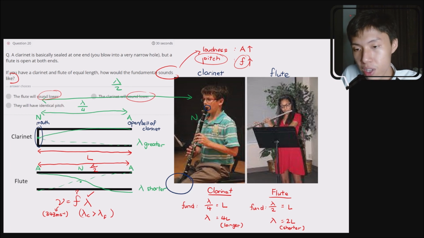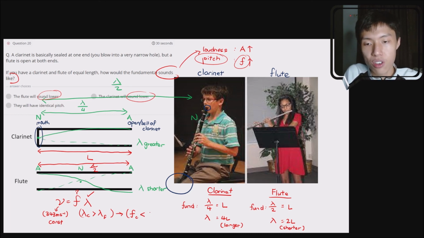So therefore you know that v is constant. So if you have a greater wavelength for clarinet, that means you have a lower frequency for your clarinet. So frequency for clarinet should be lower. Your frequency for flute should be greater.